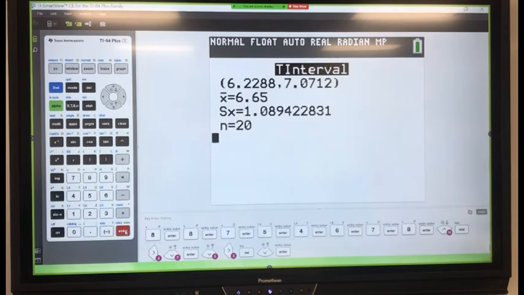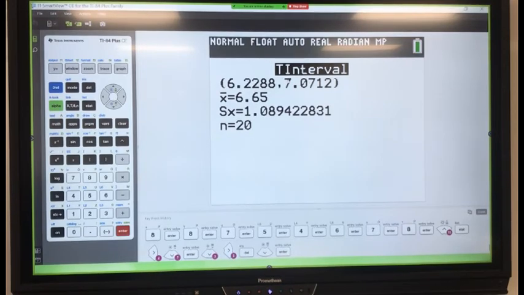Bam! There it is. Mean of 6.65. S value 1.089. N is 20. And here's my confidence interval. I'm 90% confident that my sleep values will be in between here. 90% confident that if I grab a student, the amount they sleep will be between 6.2 and 7.1.